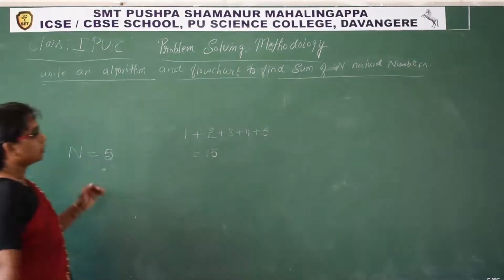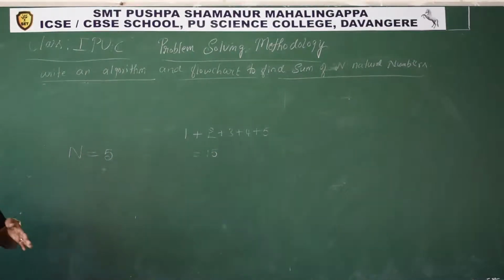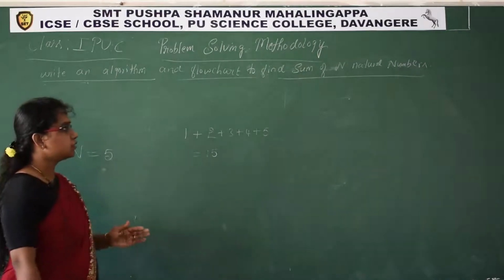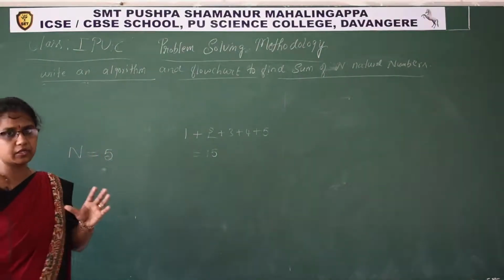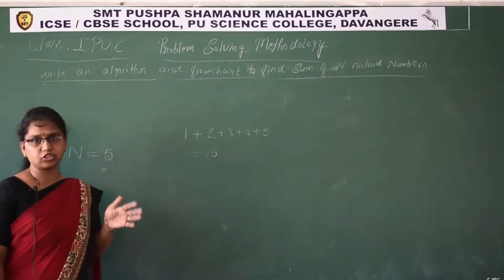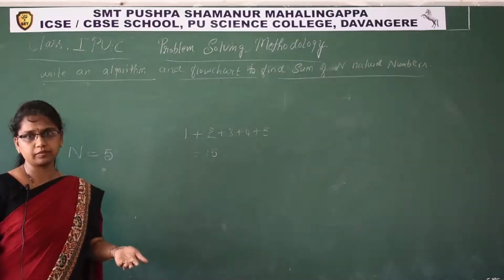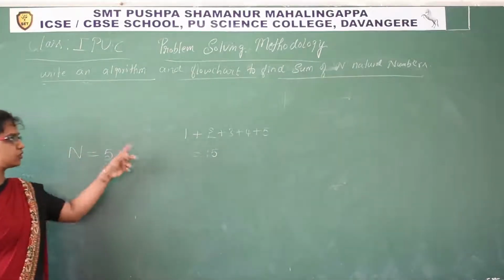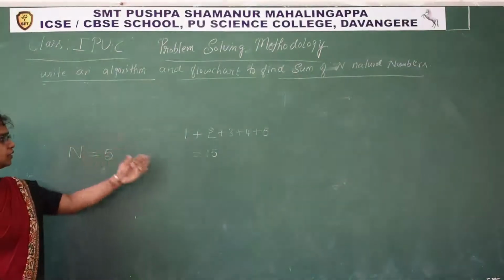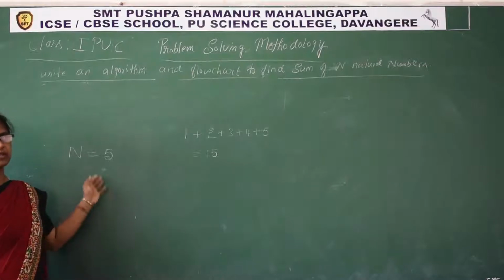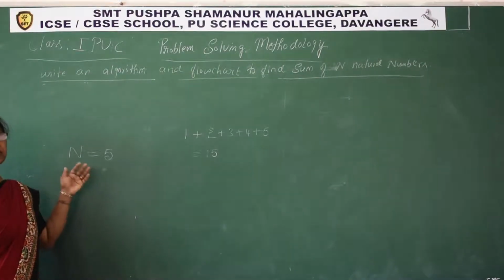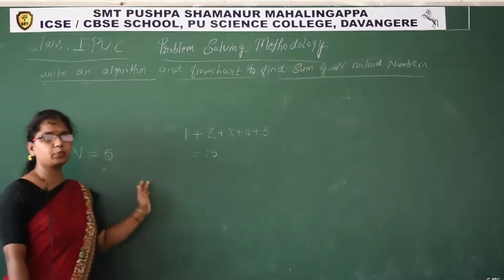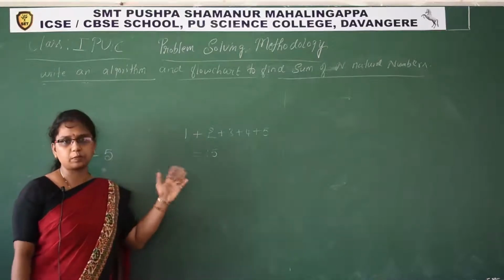So what is the input, what is the calculation part, and what is the output? First the program has to ask the user to enter a number. It should be a whole number. If I give 5, then it has to calculate and give the result 15. The sum of 5 natural numbers is 15. In this way, the program has to display the result.